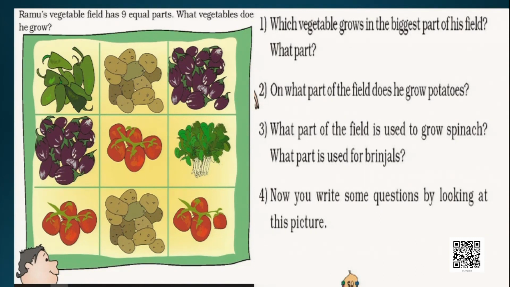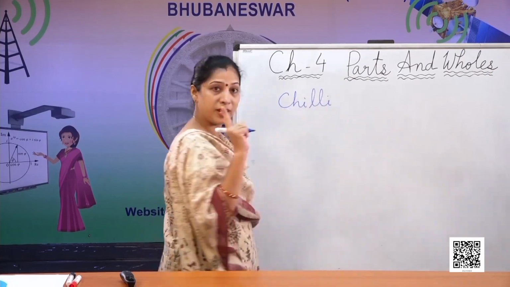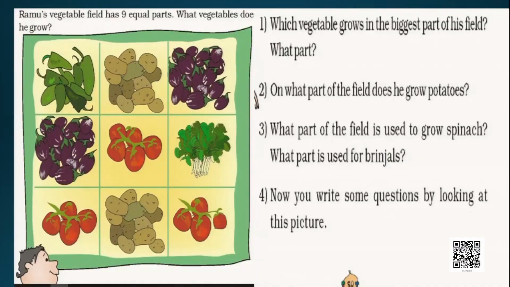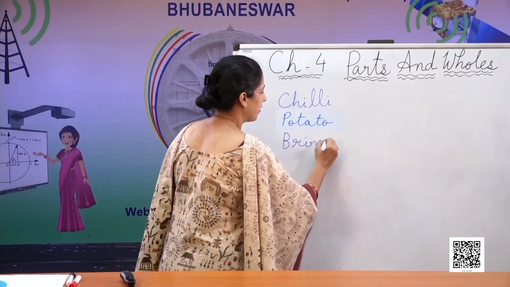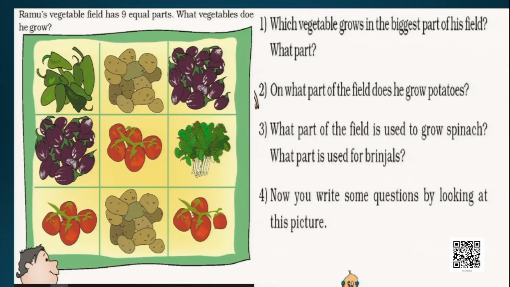So for that we have to count out the individual vegetables on individual parts. So let's see. Now there are different vegetables as I told. The first vegetable is chili. Then it is potato. Then it is brinjal. Then next is tomato. And the last one is spinach.